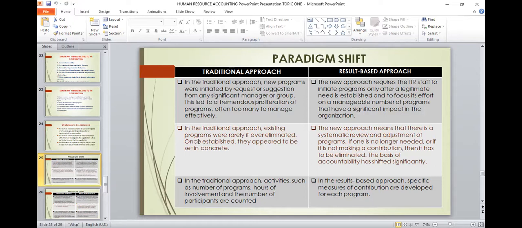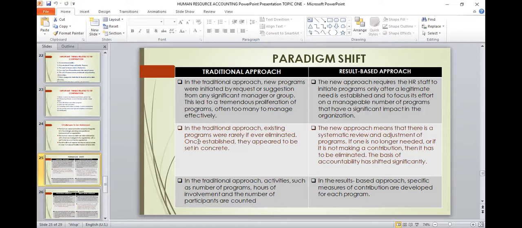In a month, you end up having 5 trainings which have absolutely no impact, no improvement, no contribution to the organization's bottom line. So in this new approach, we will have to conduct a need analysis to determine whether this program that we want to undertake will really be needed.